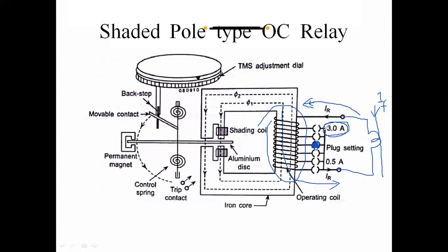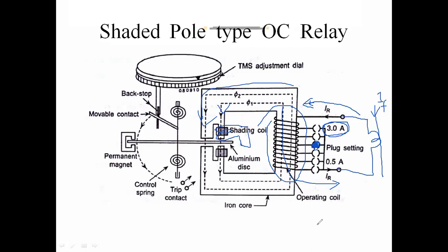Suppose here it is set to 3 ampere. When this current passes through this coil, it produces flux phi 1 and phi 2, and there is a shading coil, which is short circuited like this.